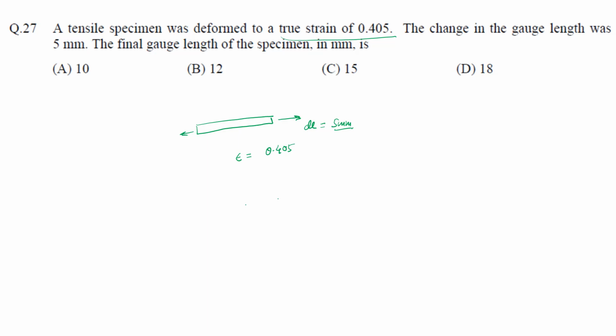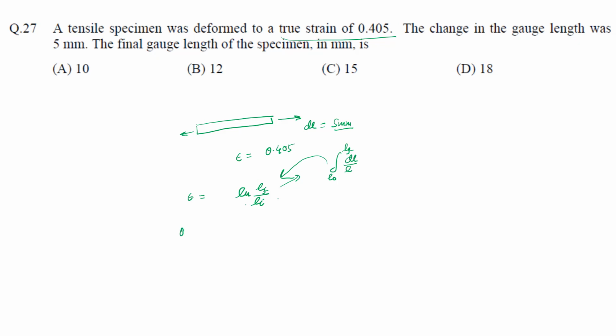The final gauge length of the specimen in mm is, right? So true strain we know it is ln lf by li, or if we go to the basic principle, it is the integral of dl by l from l naught to lf.